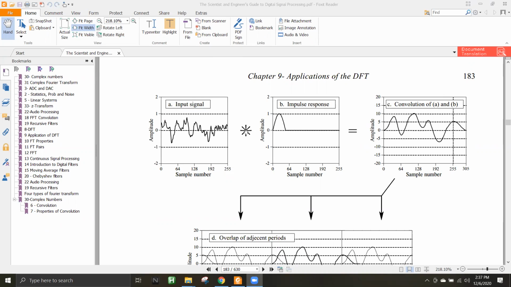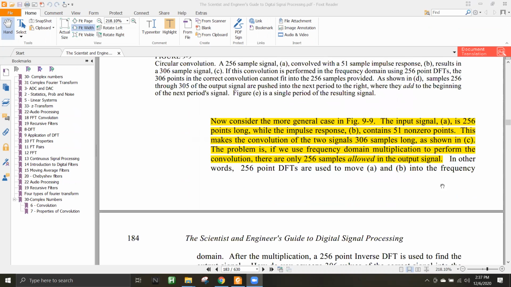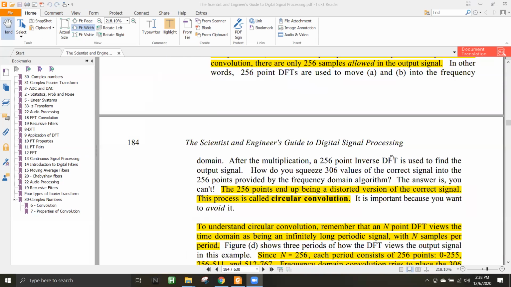If you multiply them point by point, you can get at best 256 points. So what are the extra samples, where are they going? This will cause one problem. The 256 points end up being a distorted version of the correct signal. The correct signal would have been 306 samples long, but now you're getting 256 samples, which become a distorted version of the 306 points.